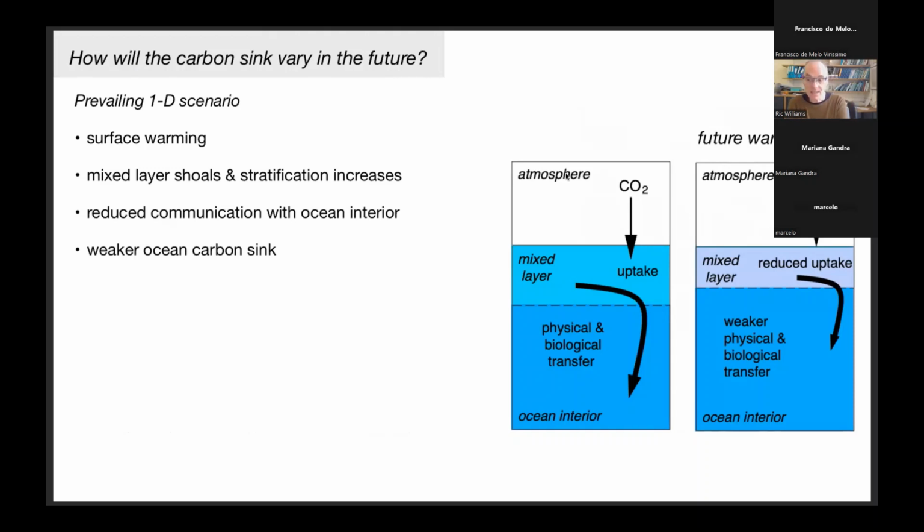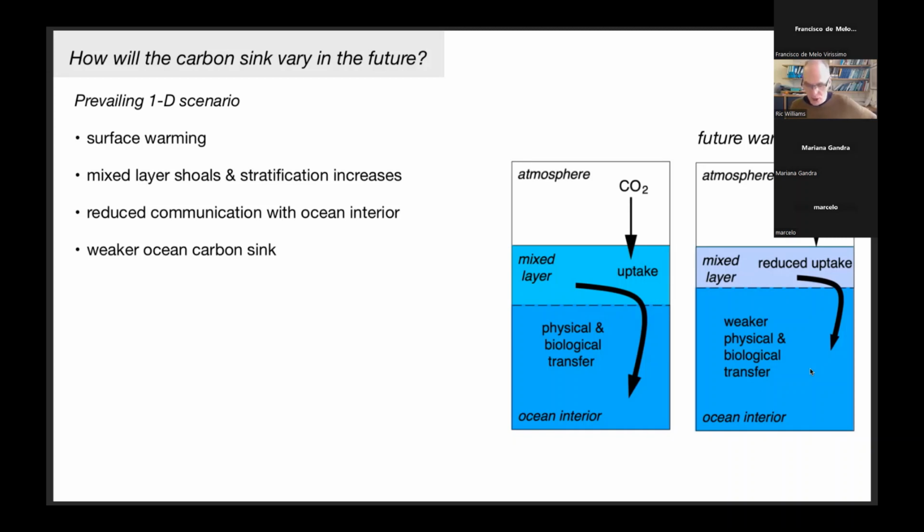And we see that response in the models. Now, in many ways, the prevailing interpretation of what sets those responses is that there is a surface warming, the mixed layer shoals and stratification increases, and then there's reduced communication with the ocean interior, and so a weaker carbon sink.